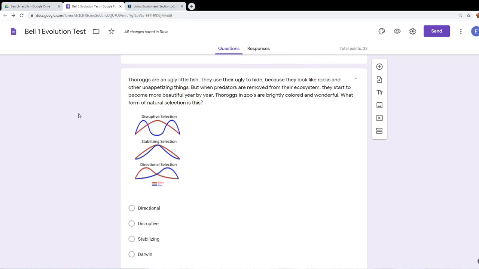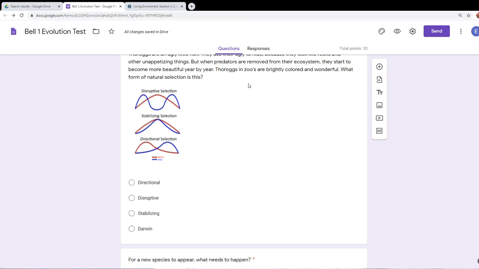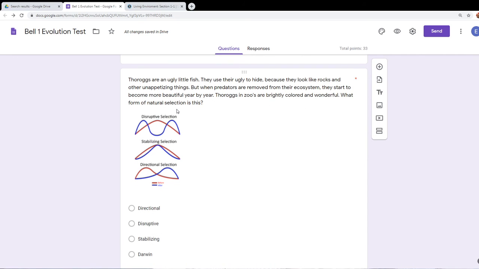Thorags are an ugly little fish. They use their ugly to hide because they look like rocks and other unappetizing things. But when predators are removed from their ecosystem, they start to become more beautiful year by year. Thorags in zoos are brightly colored and wonderful. What form of natural selection is this?